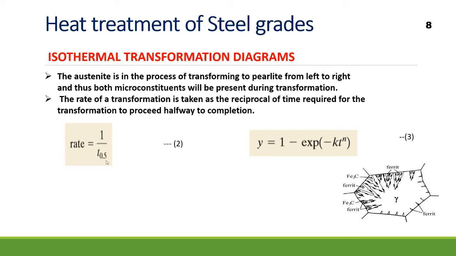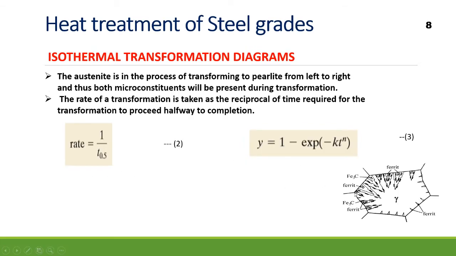The dashed curve corresponds to 50% of the transformation. So it basically means that they are inversely proportional to each other. So if one increases, the other will decrease. And this rate comes from the Avrami equation, which is given here as equation number 3, which is a direct conclusion from the Avrami equation, this value of the rate of transformation.